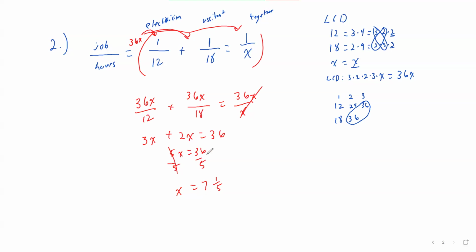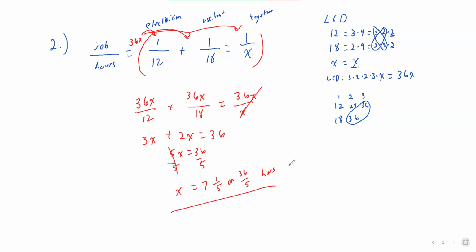So you could keep it as this, or turn it into 7 1/5. Either one, the homework accepted. But technically, I guess we need to add hours. So if they work together, they can get the job done in 7, technically 7.2 hours.